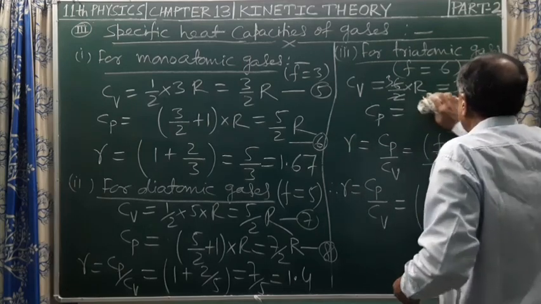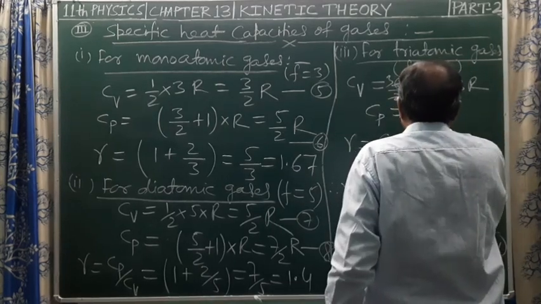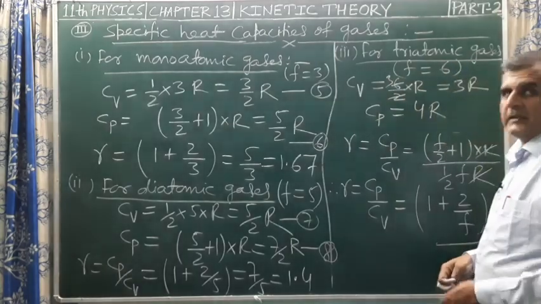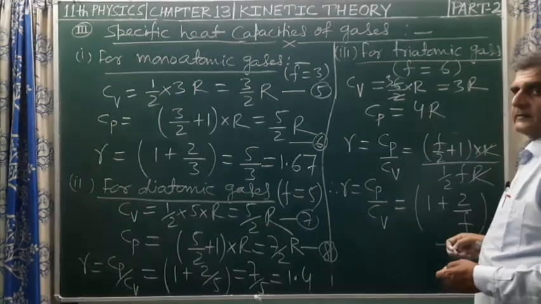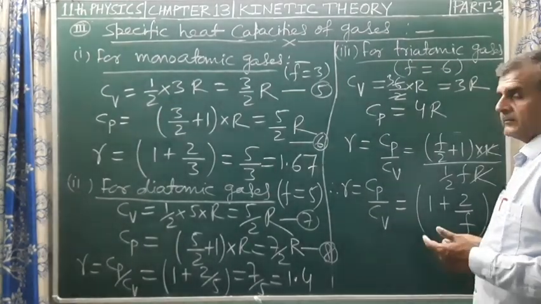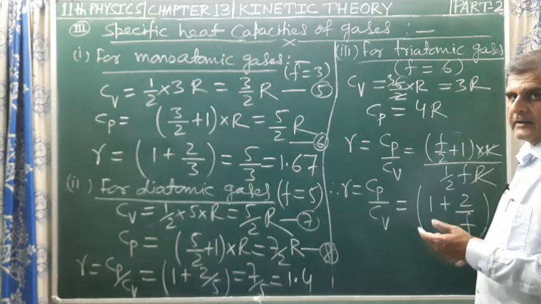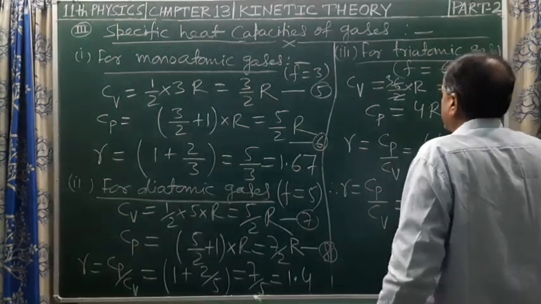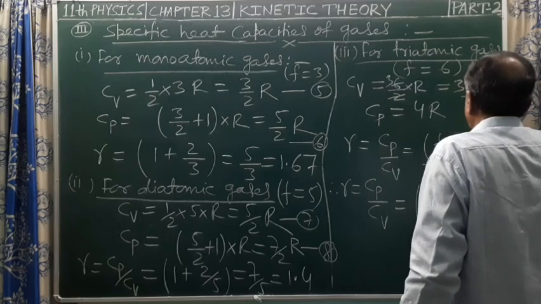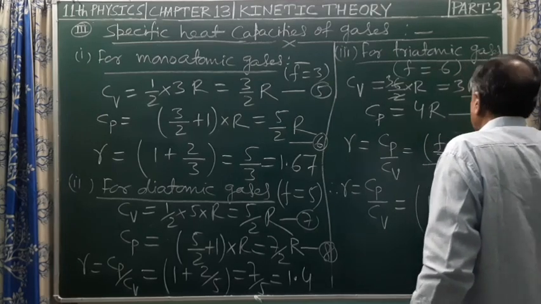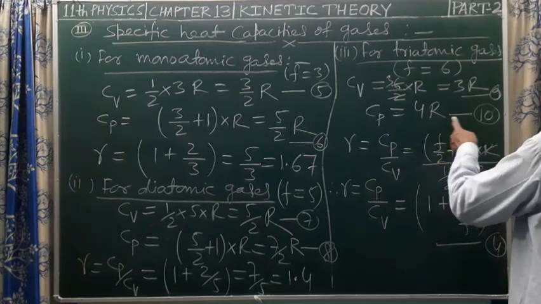So Cp for a triatomic gas is 4R, using the formula Cp equals F/2 plus 1 into R, where 6/2 is 3, plus 1, that is 4 into R. Say Cv for a triatomic gas, which is 3R, is equation number 9, and Cp for a triatomic gas, which we obtained as 4R.